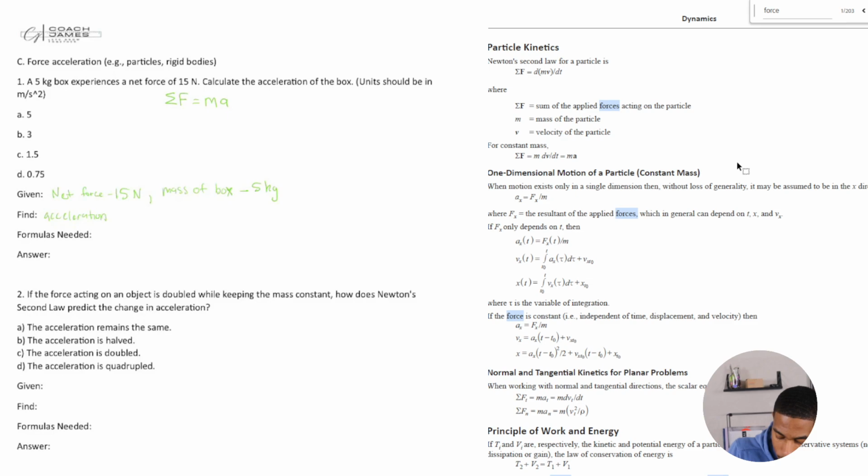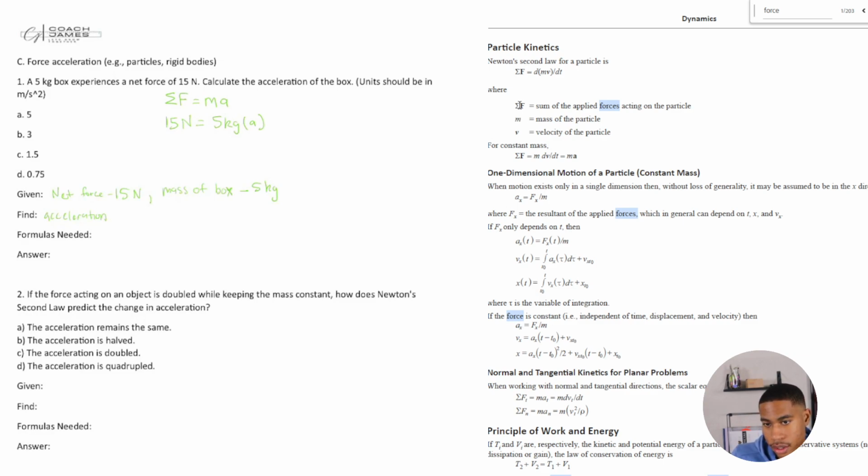Okay, so I've got 15 newtons for my force, and 5 kilograms for my mass, and then a is what we're trying to solve for, which is acceleration.